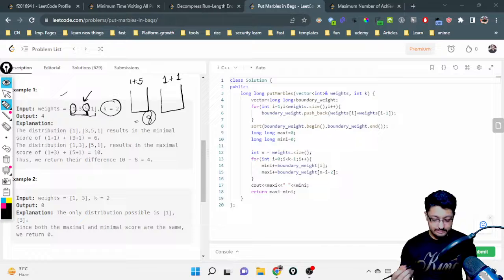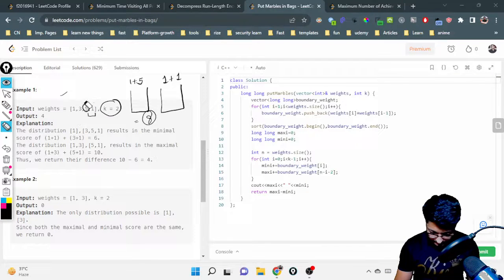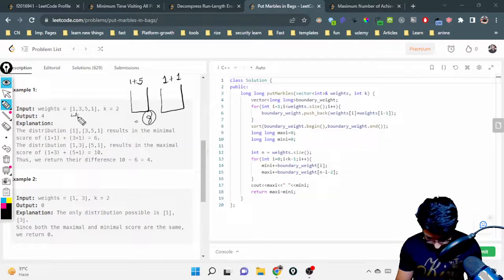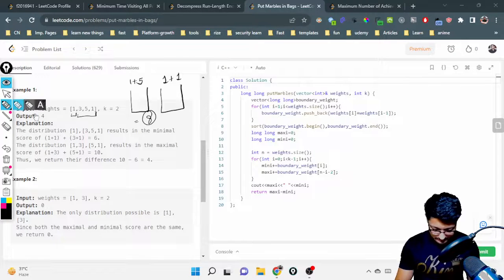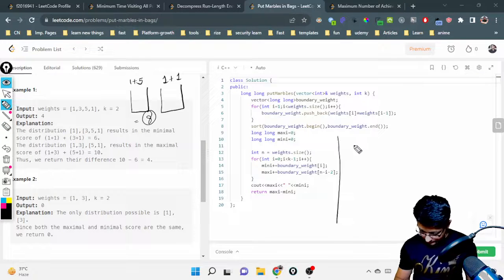Another possible combination can be, as you can see, if I just move this out, I'll put this one and this. Let's actually make it much bigger so that it becomes easier: 1, 3, 5, 1.